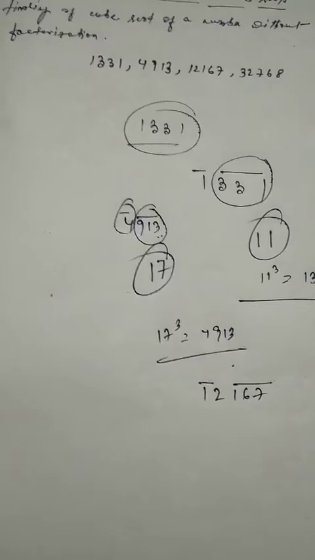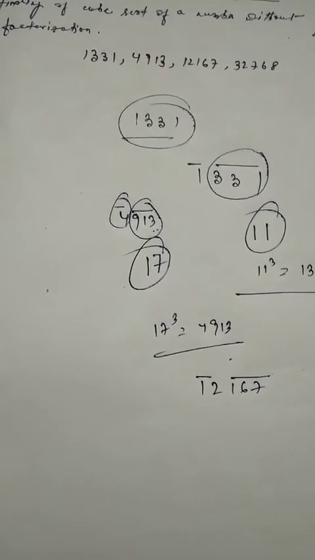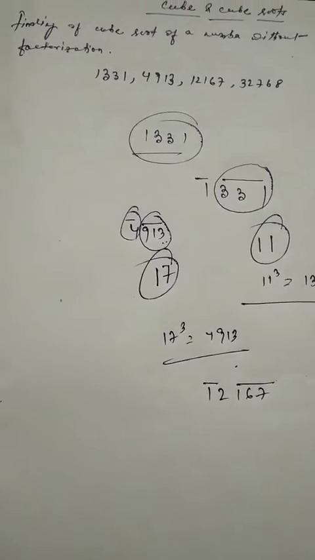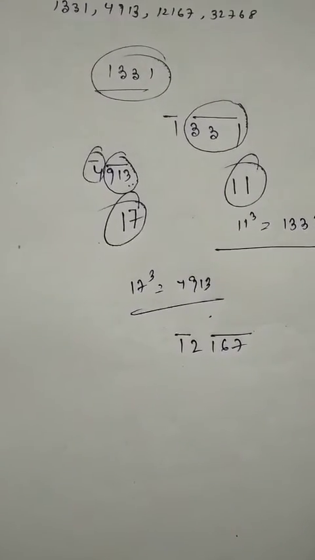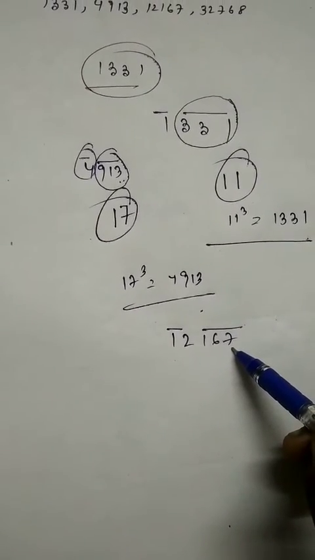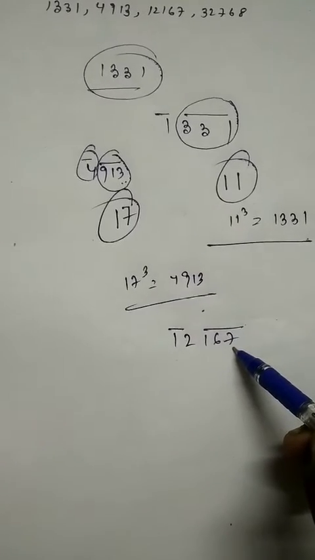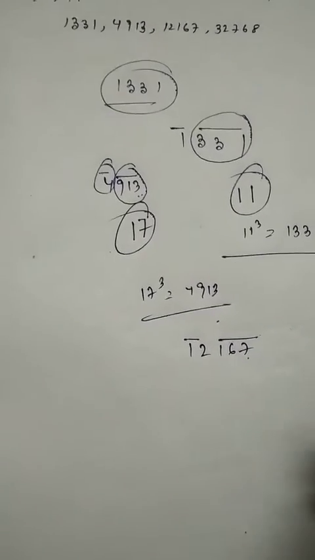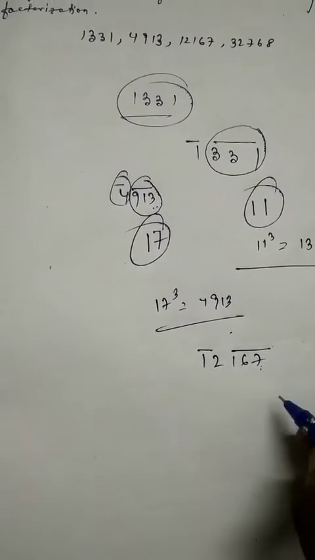If it had 3, I would have taken 3 digits. So out of 167, the cube of the unit digit 7: 7 7s are 49, 7 9s are 63. The unit digit of 7's cube will be 3.